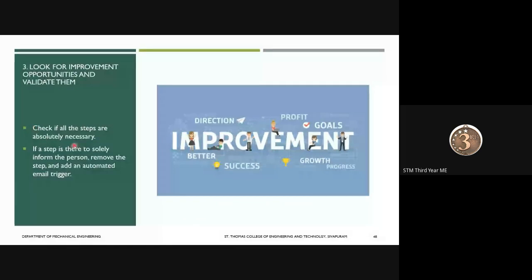Then, if a step is there solely to inform the person, remove the step and add an automated email trigger. Okay, this is an example. So they are telling us if there is a step that involves informing the person. If there is a particular process, and once you complete that process, you have to verbally announce or verbally see the superior, maybe the supervisor, and tell him the work has been done.